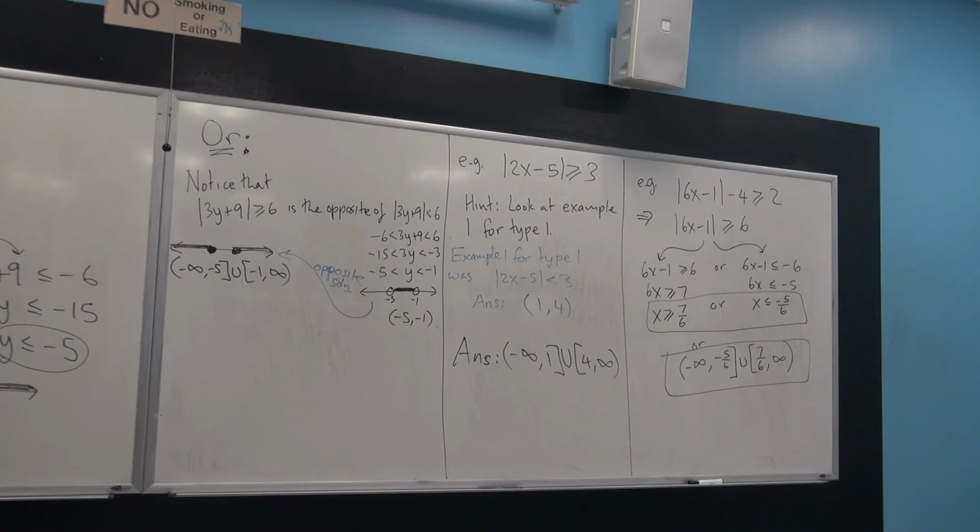So I'll leave you with a few more examples to try for next time. X plus 4 minus 3 is less than minus 1.